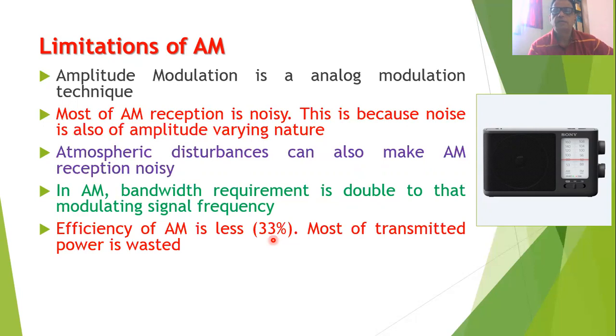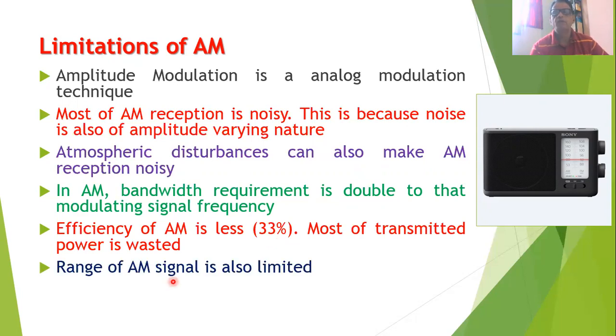It means that two thirds of the power of the transmitter is wasted and not utilized in carrying the signal. Also, since the efficiency is low, this signal cannot travel a very long distance. Only up to a few kilometers can the amplitude modulated signal travel on the ground, and therefore the range of AM radio stations is very limited.